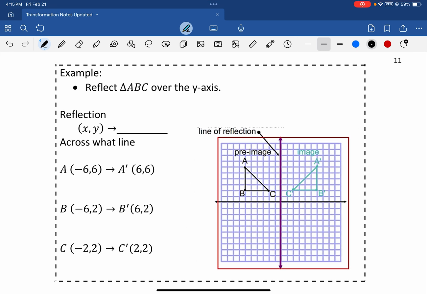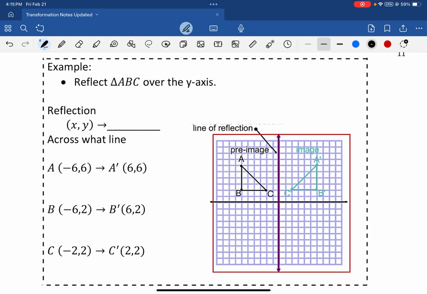Right here, we're just going to write the rule. I gave you the coordinate points for A, B, and C, and A prime, B prime, C prime.